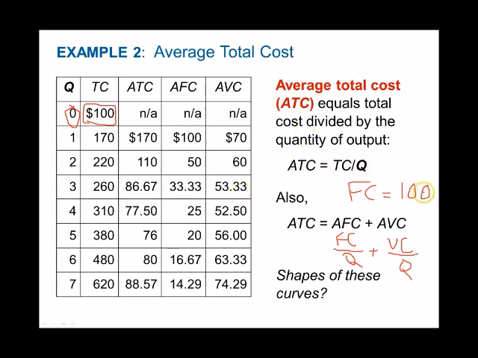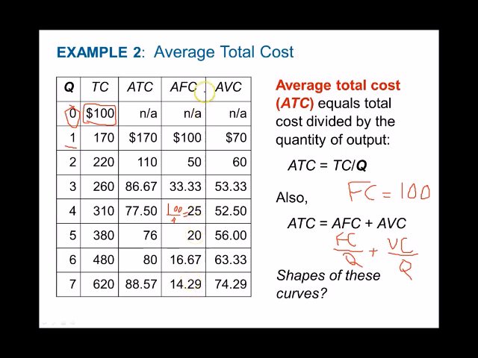So if we're producing 1 unit and our fixed cost is 100, then our average fixed cost is 100 over 1, which is 100. For 2 units, 100 over 2 is 50. 100 over 3 is 33.3, 100 over 4 is 25, so this is basically 100 divided by 4 equals 25, and so on.